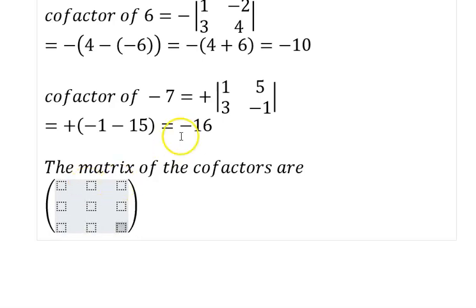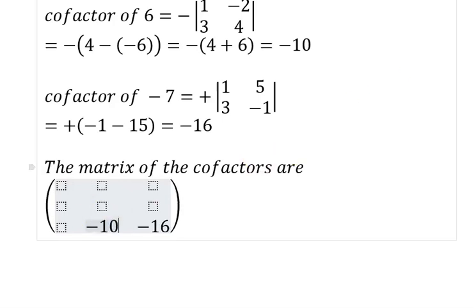We impute them here. So let's start from this last one that we have here, minus 16. Then followed by minus 10. We impute everything that you have. But don't forget, it's with their cofactor.